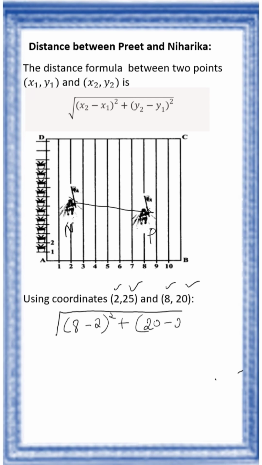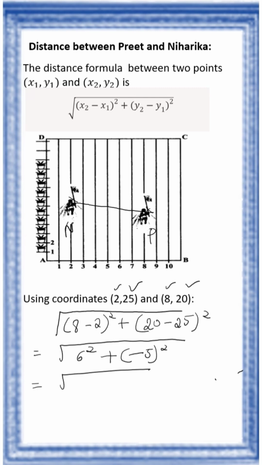That is equal to 8 minus 2, 6 square, plus 20 minus 25, minus 5 the whole square. That is equal to 6 square is 36, plus 5 square is 25. That is equal to under root 36 plus 25, which is root of 61.